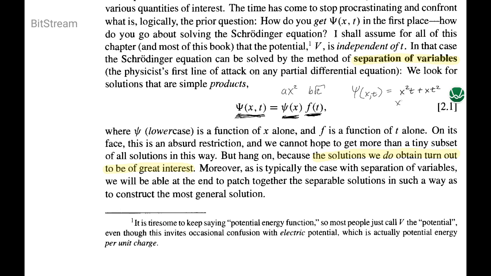If I factor out an x, I am left with an x inside here. So that sort of solution is out. There are several others. So we are, by making this assumption, limiting the number of solutions that we're considering.